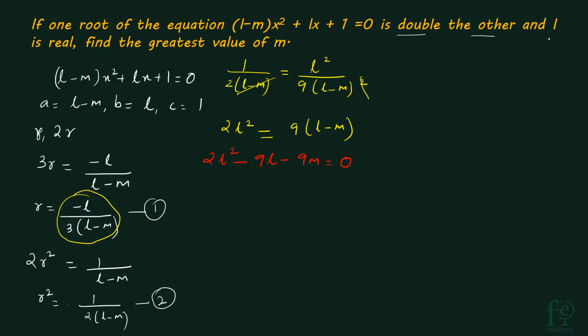Here it's given that L is real. So L is real means what is the meaning? We know that this equation is of the form ax square plus bx plus c is equal to 0. When it is given that x is real, then we know that b square minus 4ac should be greater than 0.